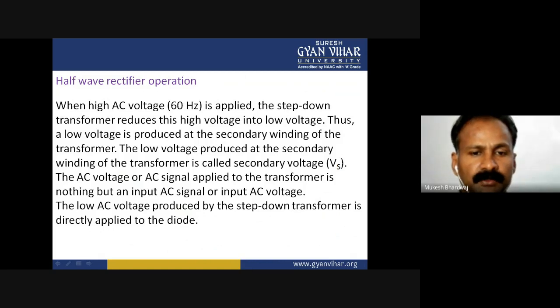This is called the secondary voltage. The AC signal applied to the transformer is the input AC voltage. The low AC voltage produced by the step down transformer is directly applied to the diode.